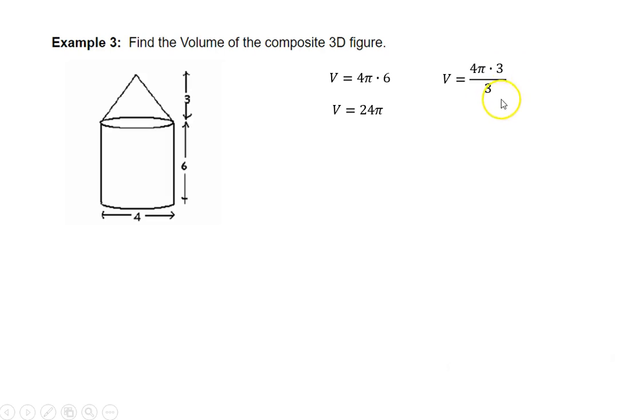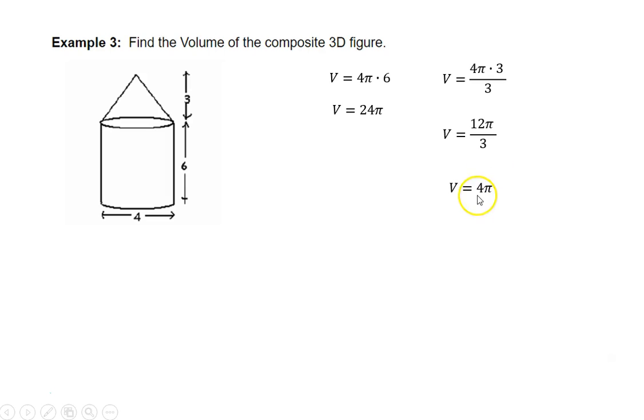And then we're going to divide that by 3 because that's part of the formula for the volume of a cone. 4 pi times 3 is 12 pi. We can do 12 divided by 3, which is 4 pi. So 4 pi is the volume of just the cone.